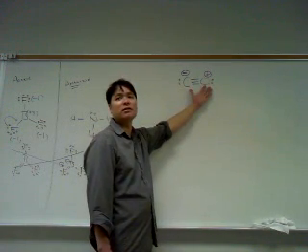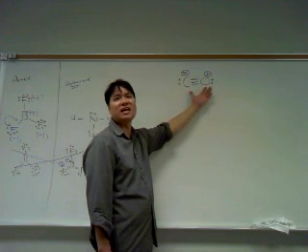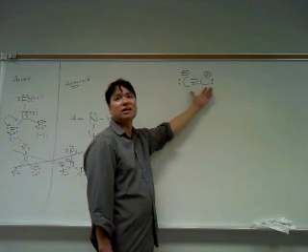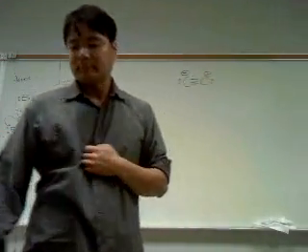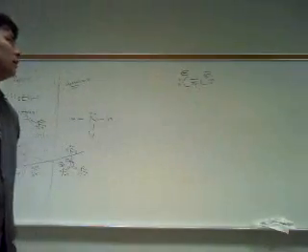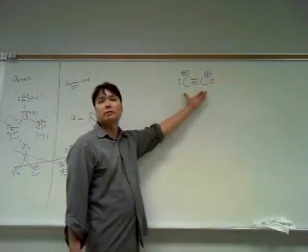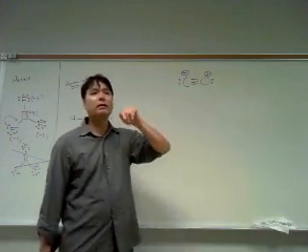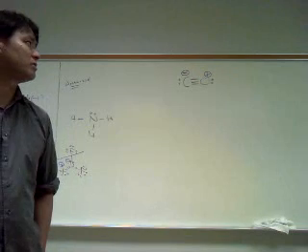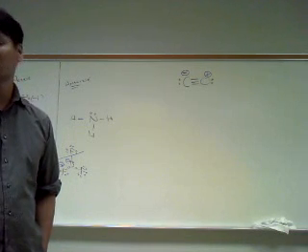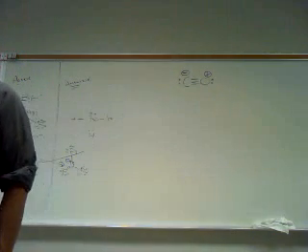Over here, it's better to have the octet, and we'll have to live with the formal charge like this. Because you can't do anything about it if you want an octet. And so sometimes we have conflicting information.